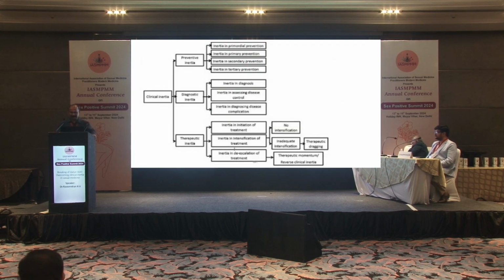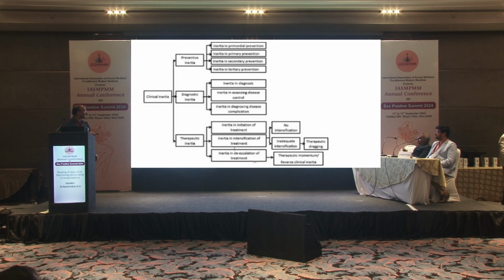Clinical inertia we can divide into preventive inertia, diagnostic inertia, and therapeutic inertia. The inertia in prevention of development of risk factors or the disease is called preventive inertia. It can be at the primary, secondary, or tertiary level of prevention.